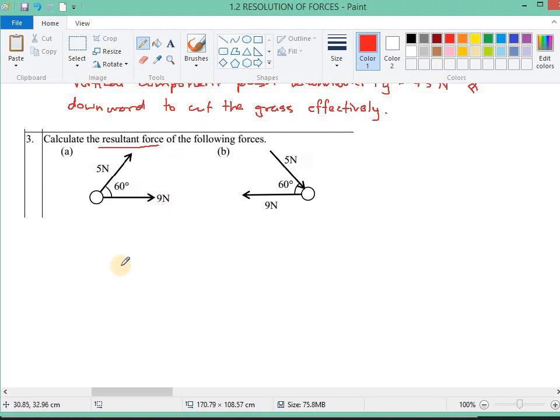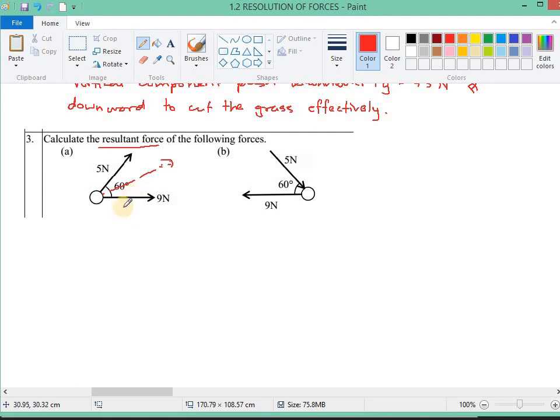Just a reminder: a resultant force is a force that has the same effect as these two forces combined. For example, we have 5 Newton and 9 Newton acting on this object. Logically, this object will move somewhere in this direction, right? It is not going to move in the direction of 9 Newton, and also not in the direction of 5 Newton. It is going to move in a direction somewhere between these two forces.